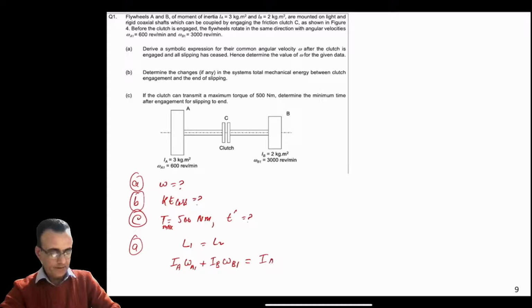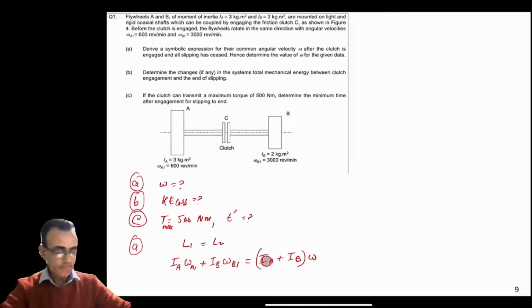the final. Because the two flywheels will engage, the final angular velocity is omega, and this is the final moment of inertia of the system, and the initial is obviously IA omega A1 and IB omega B1. In this case, because both omegas are not zero, you cannot make omega be zero here.